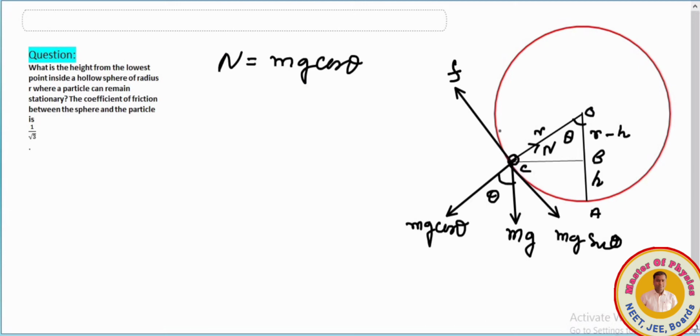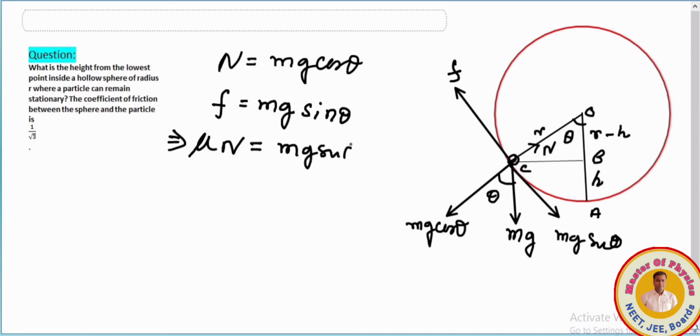At the highest point, this frictional force F is the maximum frictional force, that is, limiting friction. As the particle remains stationary at the point C, we can write F equals mg sin theta. Now we know from the theory of friction that frictional force can be written as mu into N, and this equals mg sin theta.